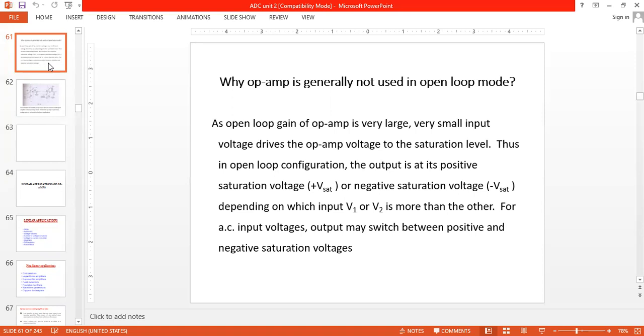So for this purpose, the operational amplifier open loop condition is not used in many applications. The simple concept is that we can vary the gain over more levels, so we define the closed loop. We prefer the closed loop concept for the different applications.